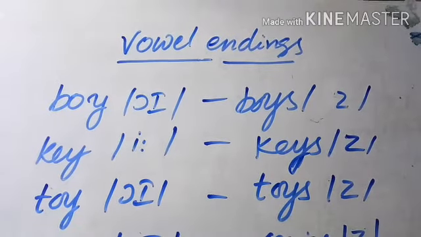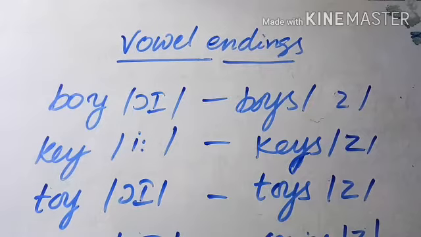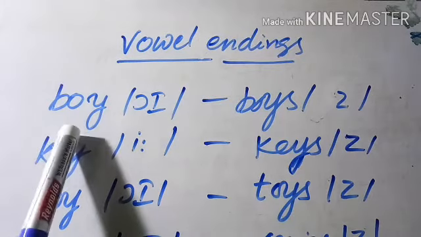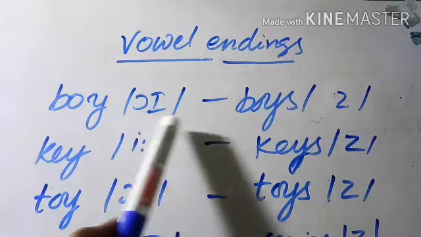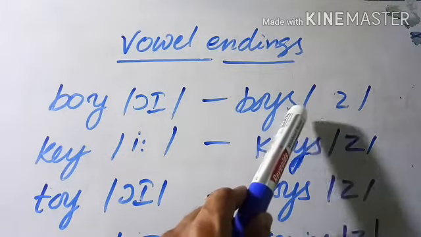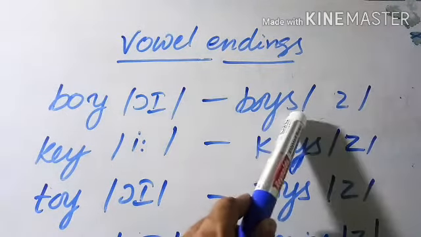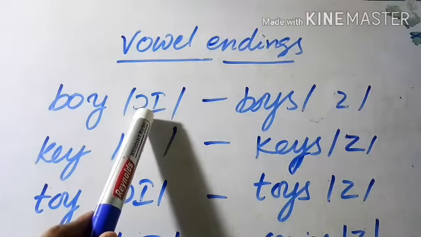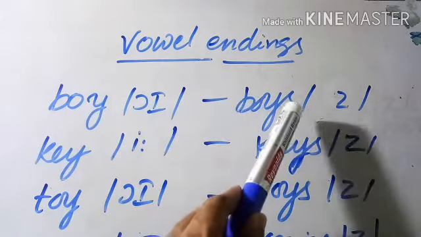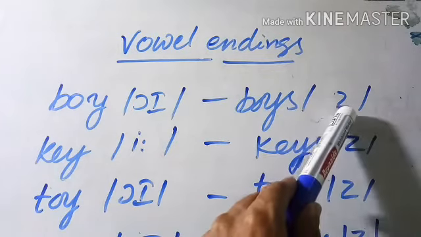Now we see the vowel endings. If the singular noun ends with a vowel, since all the vowels are voiced sounds, when a suffix is added it also becomes a voiced one, as it is given here: boy, boys. This is not s, this is z. Since this is a voiced sound, the voiceless sound also becomes voiced.